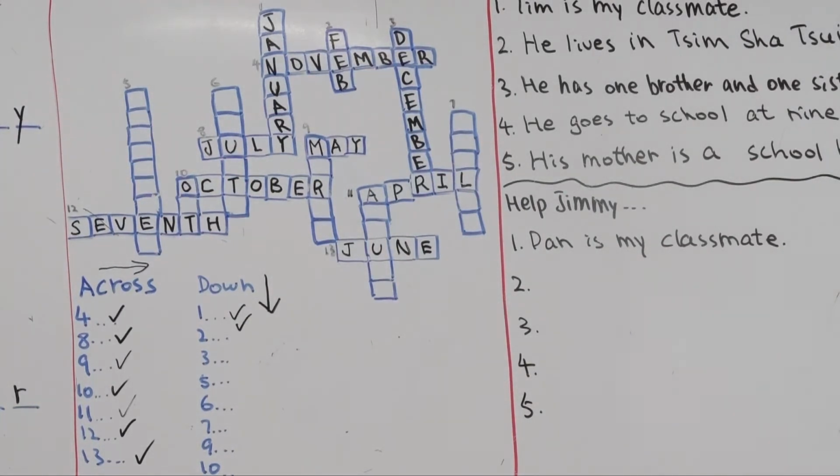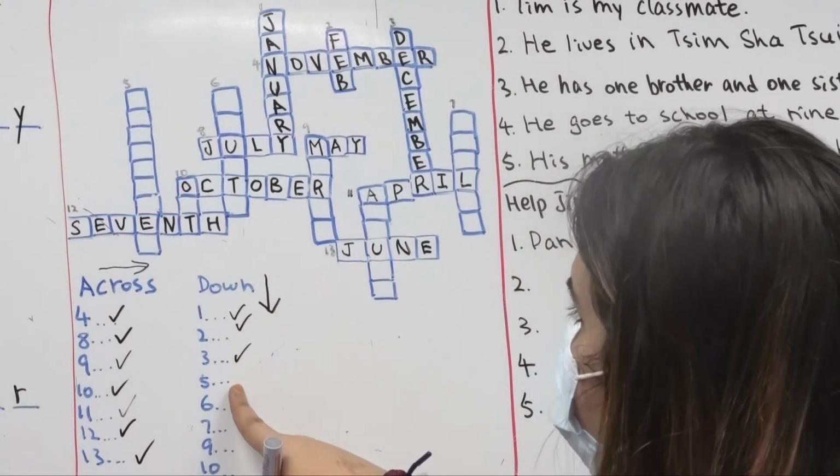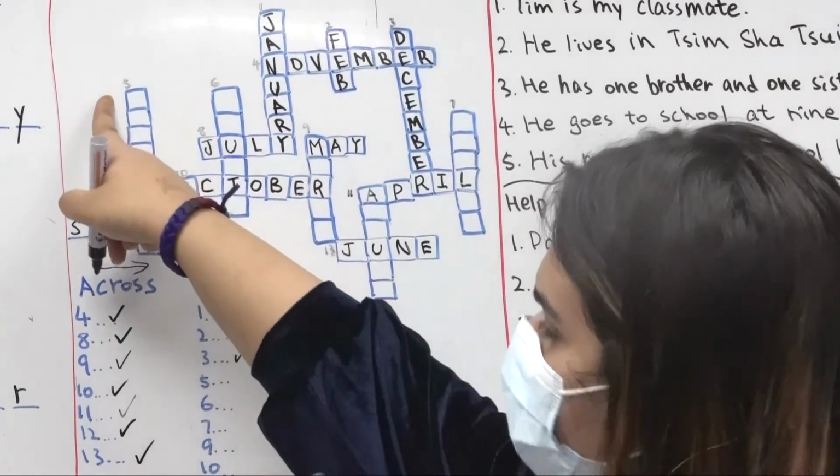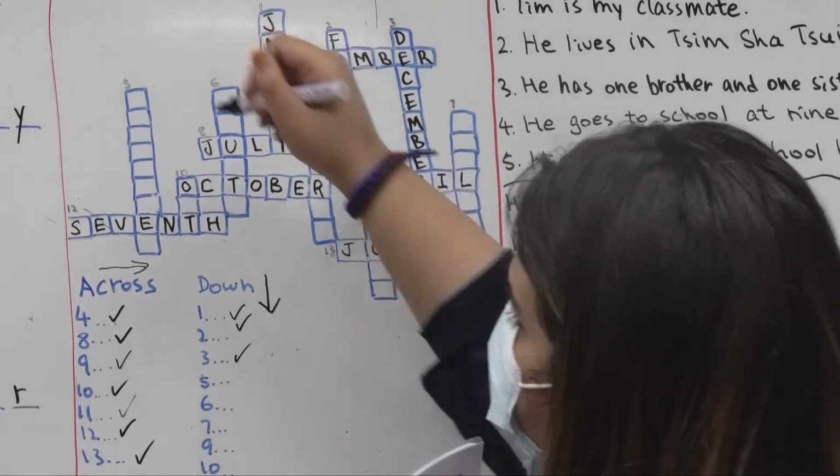Down number 5. Down number 5 is here. The ninth month is September. How do we spell that?